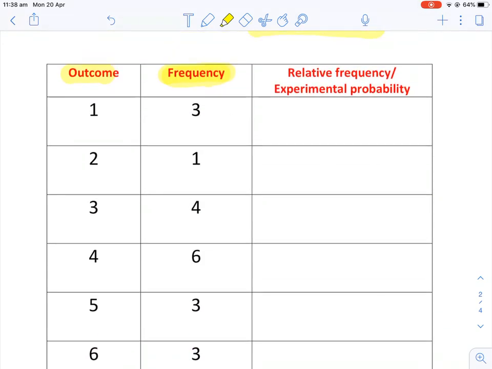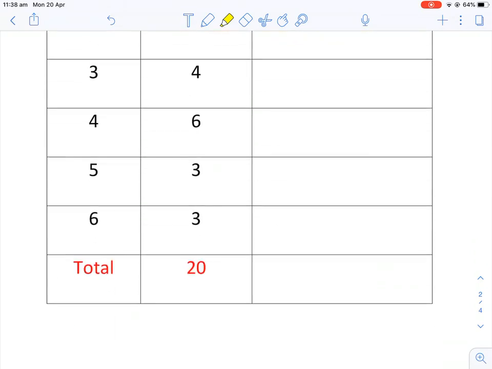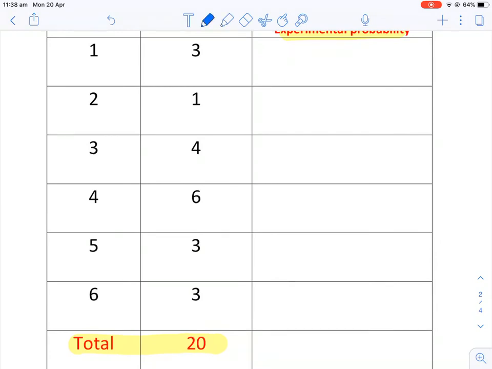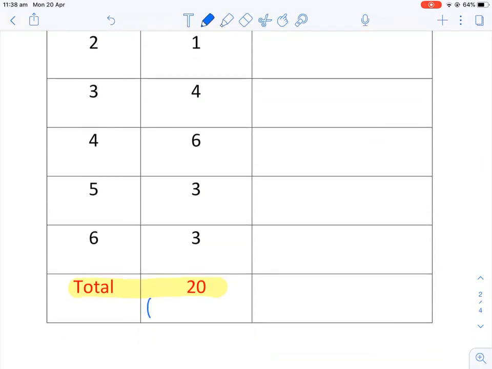And the final column is for me to find the relative frequency, or experimental probability, of an event. In the last row, I will calculate the total of the frequencies. So I add them all up, and this is exactly the same as the total trials that we calculated in question A.